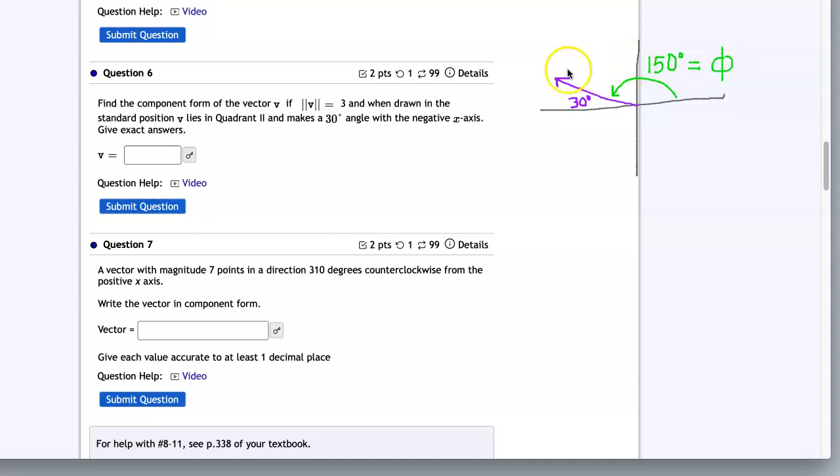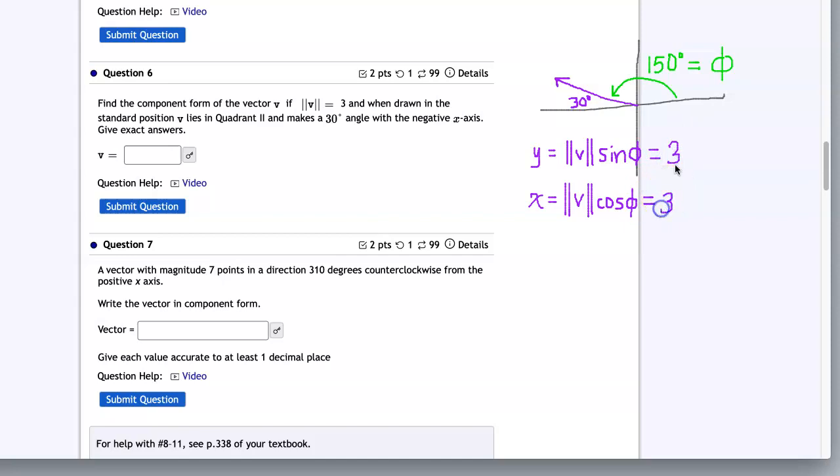So now we go to the formulas. The y component is represented by this equation here. We have the magnitude of the vector times the sine of the direction angle, and the x component of the vector is the magnitude of the vector times the cosine of the direction angle. So in both of these cases, of course, the vector's magnitude gets replaced with 3.